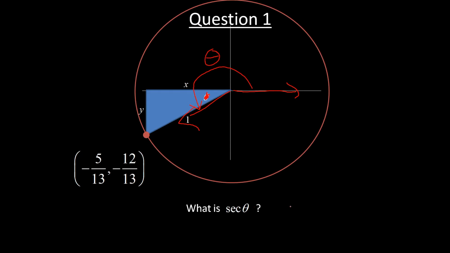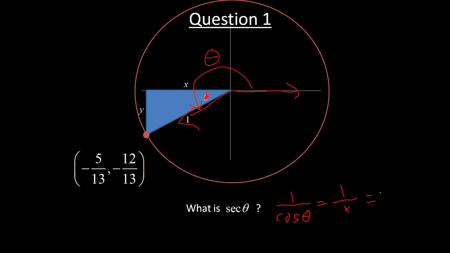Well, secant is the reciprocal relationship of 1 over cosine. And cosine is x over r, but r in this case is 1, so cosine is just x. And so secant theta is 1 over x.